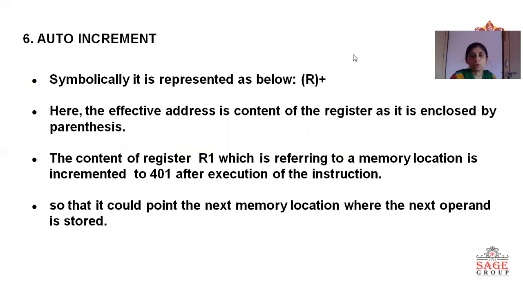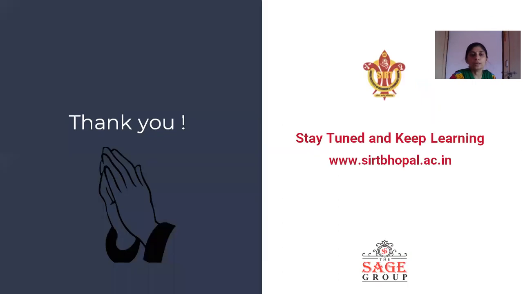So this is all about the different addressing modes. In today's lecture we discussed what addressing mode is and what the different types of addressing modes are. Basically, it specifies the source address and the output result. Thank you.